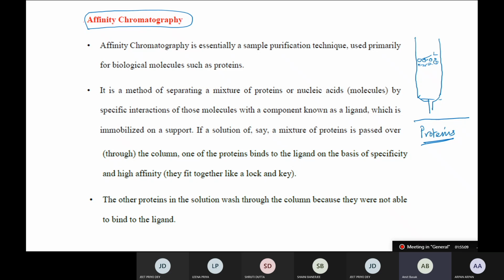Insulin is a hormone. There are many hormones which are made up of proteins. So proteins are of different types. So when I say you are separating proteins, it may be that the proteins could be receptors or could be enzymes. Why do I bring these two? Because these two are the ones which have what is called an active site.